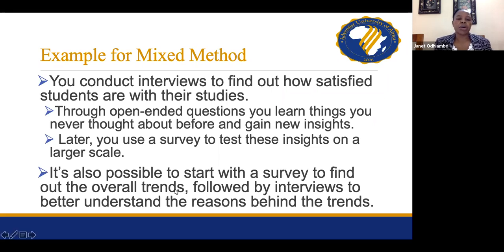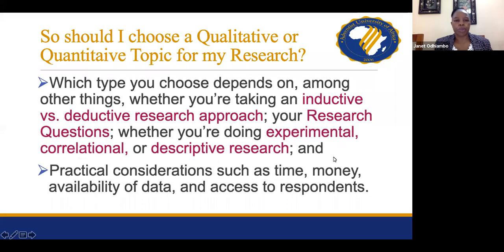So here you have started with quanti, and then you end up with quali. Both these ways are mixed methods, but we need to organize ourselves which one to start with when you are doing a mixed method approach.